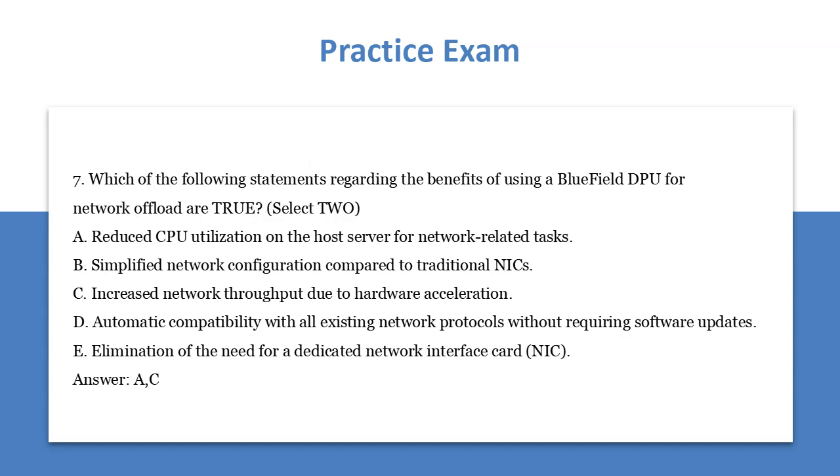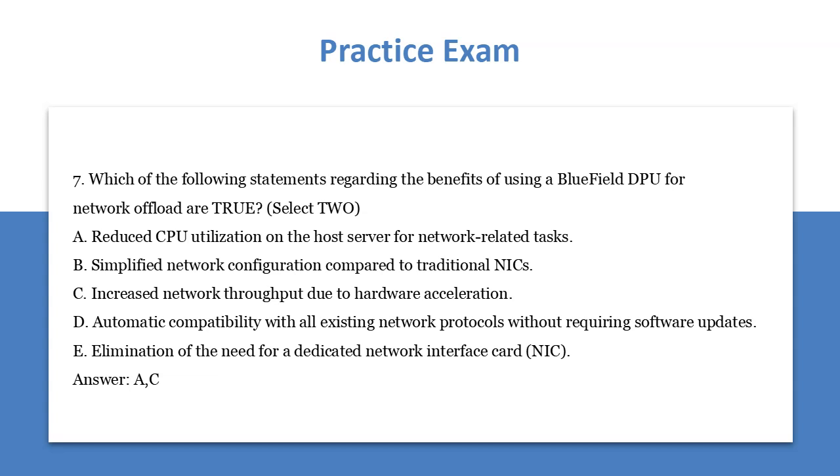7. Which of the following statements regarding the benefits of using a BlueField DPU for network offload are true? Select 2. A. Reduced CPU utilization on the host server for network-related tasks. B. Simplified network configuration compared to traditional NICs.